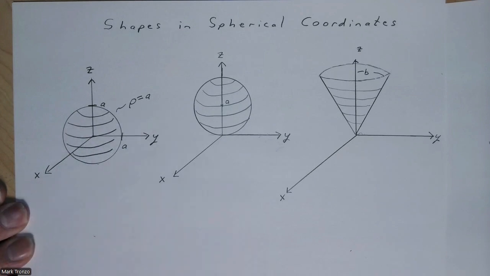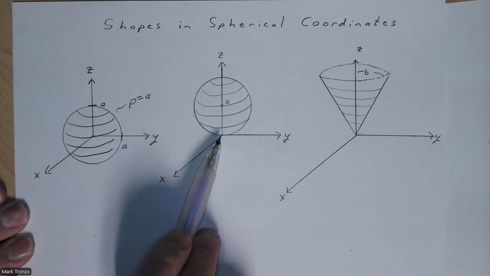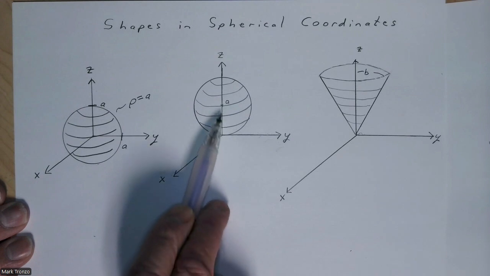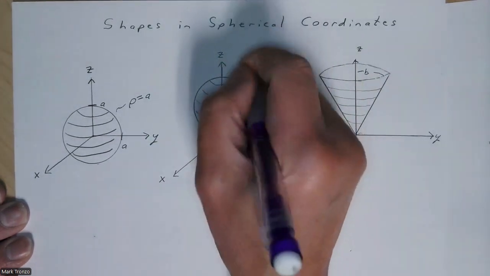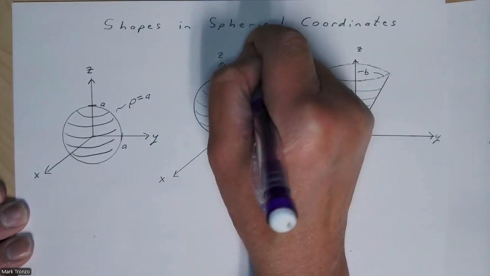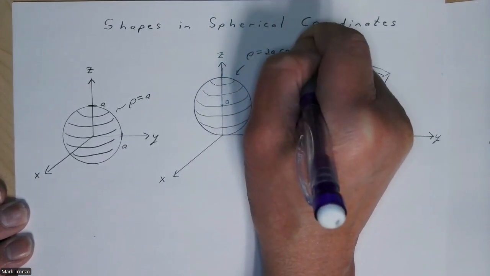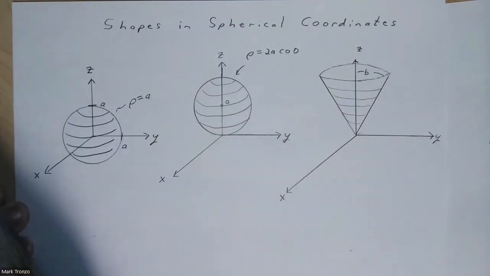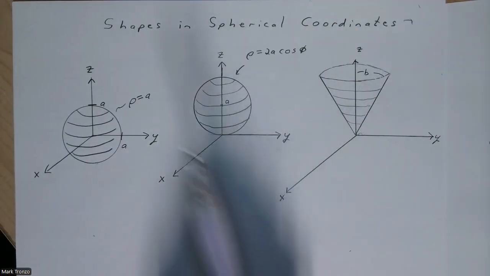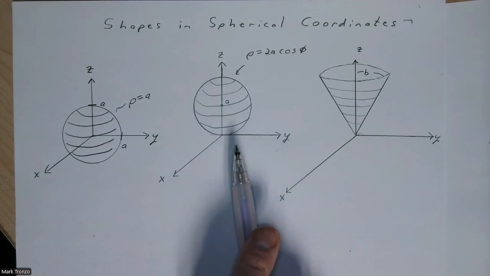Now, if we have a sphere that's not centered at the origin, but is centered at x equals 0, y equals 0, z equals a, then this will be rho equals 2a cos phi. This is similar to what you got when you had a circle in two dimensions and expressed it in polar coordinates.